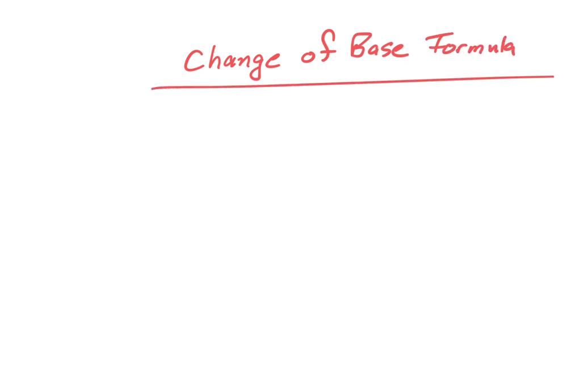Last, change of base formula. If I have one that's difficult to evaluate, and I ask you to evaluate log base 5 of 8, what we're really saying here, using all the things that we've talked about today, is 5 to some power equals 8.